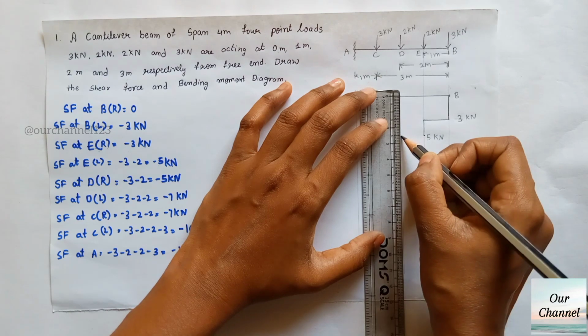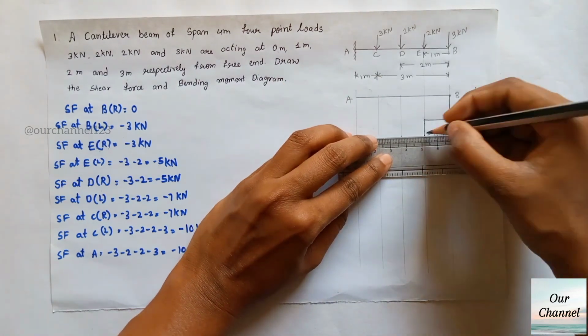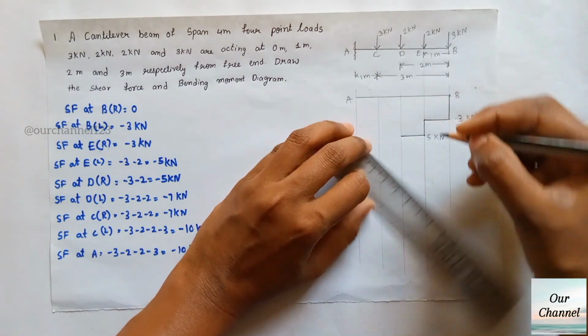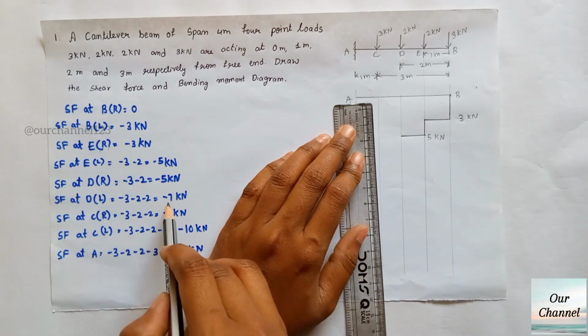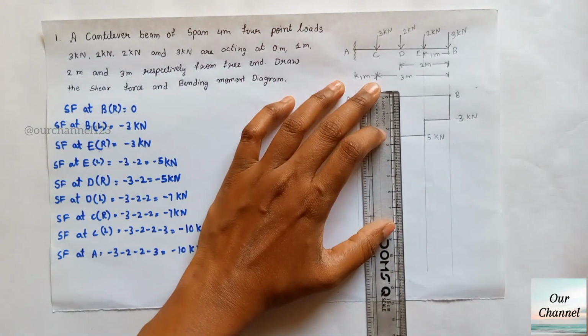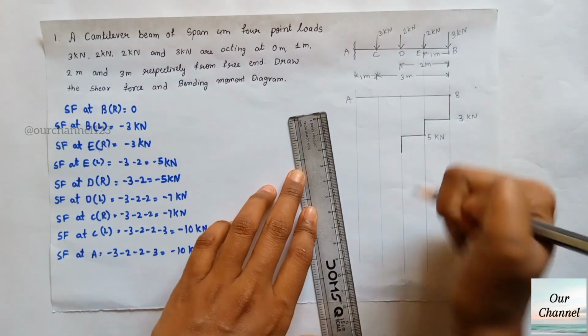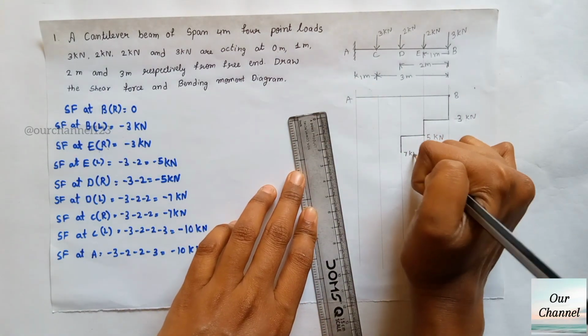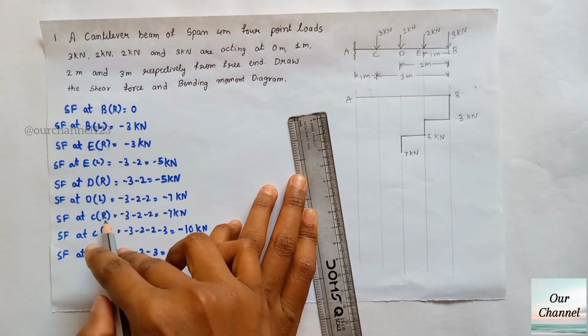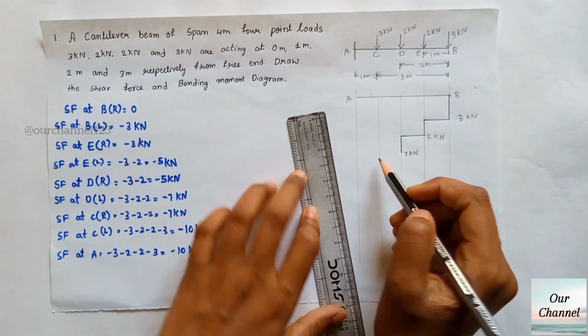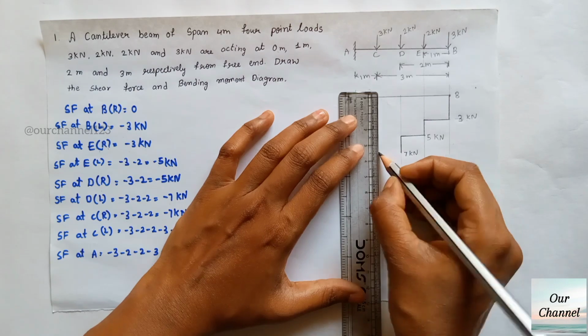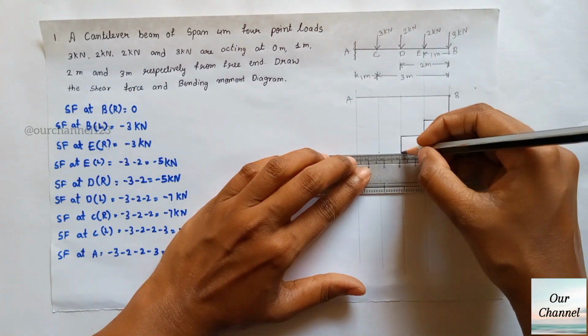Next, at D point, minus 5 and minus 7 kilonewton. As it is downwards, no need to mention the symbol minus, simply we can write the 7 kilonewton.